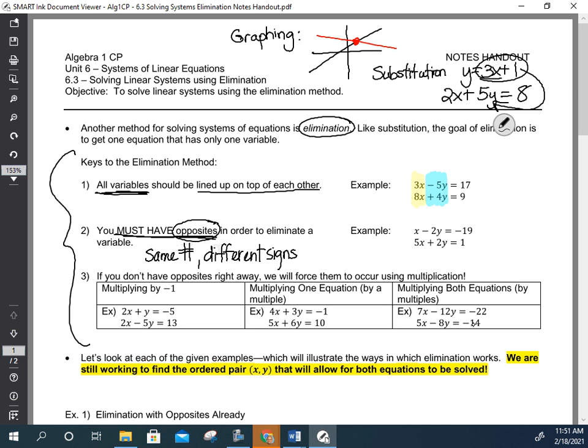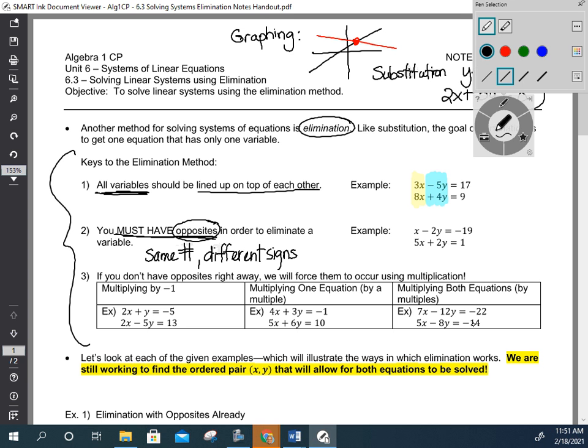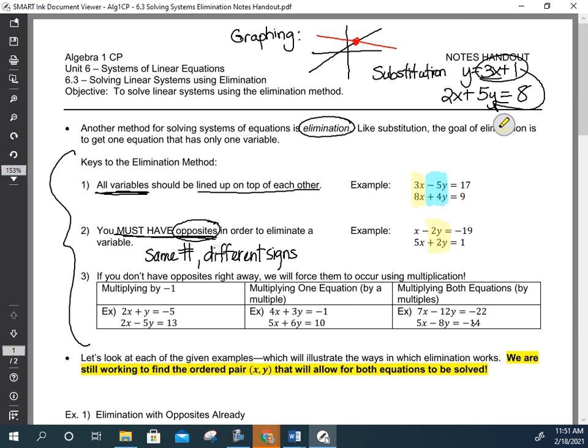So that means in this example that's next to it, the y's are opposites of each other. That's what we want. We want one of the variables to be opposites.